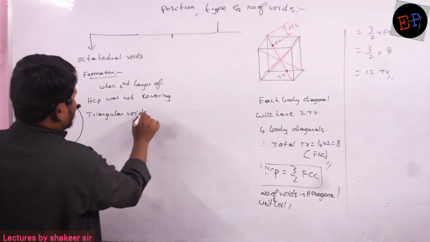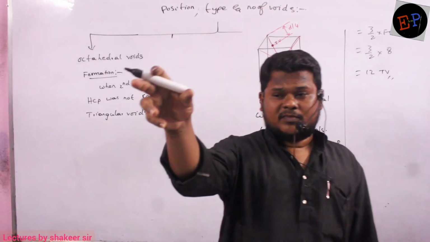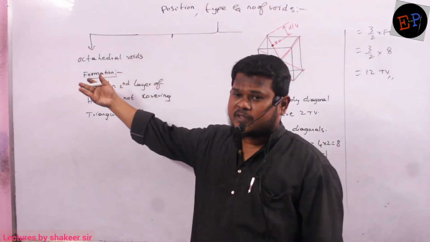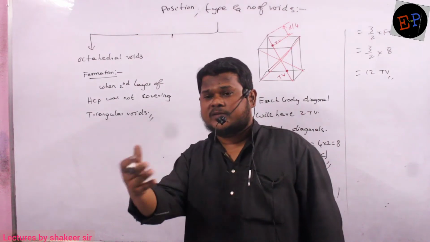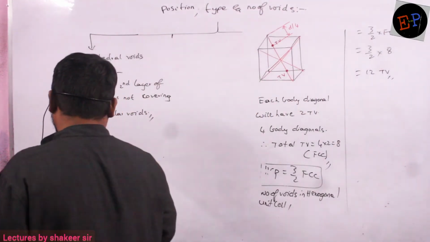So two types of arrangement we have studied. Either we can close the top triangular voids or bottom triangular voids. When top triangular voids was created, bottom triangular void has converted into octahedral void. This is the arrangement of octahedral void. Are you able to understand?